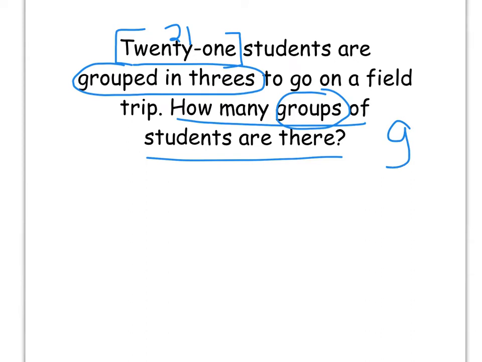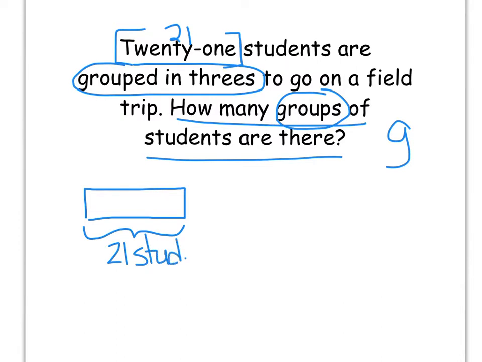Since this is a word problem, I want to draw a picture to solve it. Now I know that I'm going to be drawing a tape diagram. So here's my tape diagram, and this whole tape diagram represents 21 students. And they're grouped together in groups of 3.